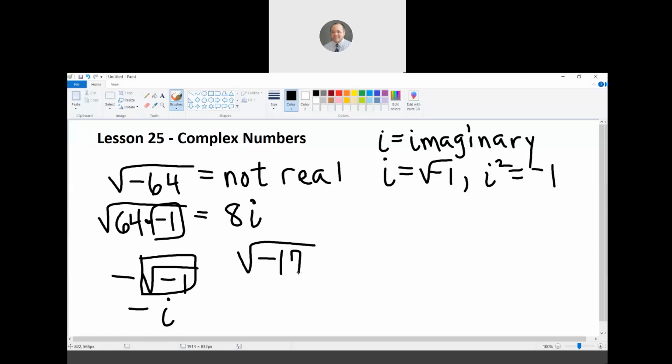Negative 17, we can break it down as 17 times negative 1. Now, the 17 is prime. You can't break it down anymore. But we know the square root of negative 1 is i. So an i goes outside the radical, and 17 stays inside the radical.